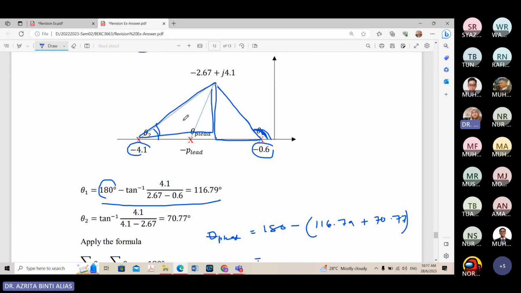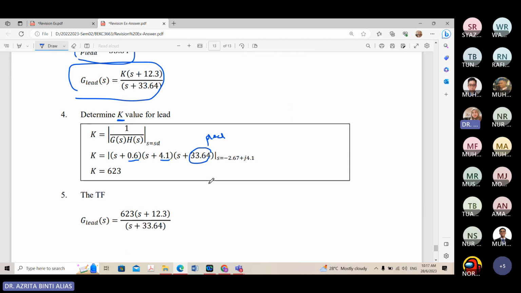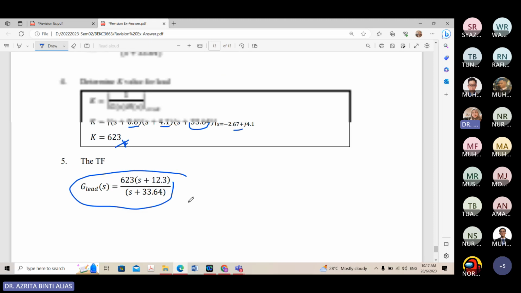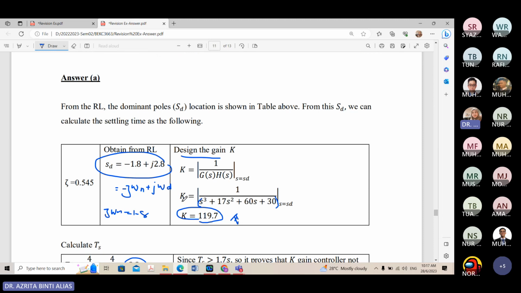Z lead already have the zero pole cancellation, and you will obtain the value of gain K. So lastly, write the full transfer function of G lead. So that's all for the question 1.